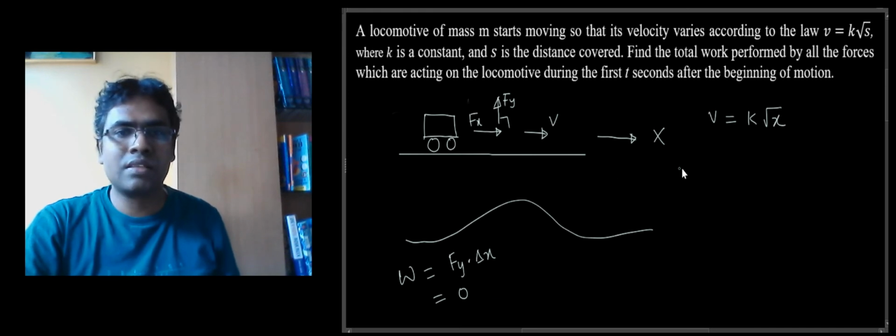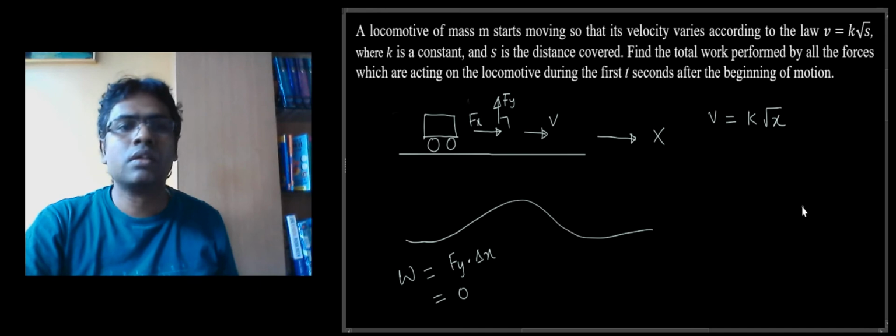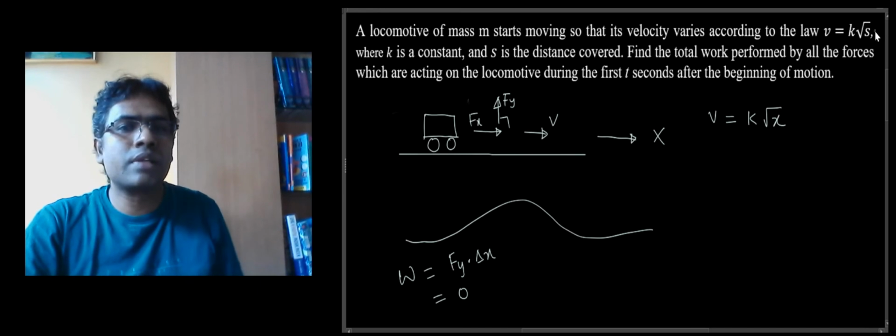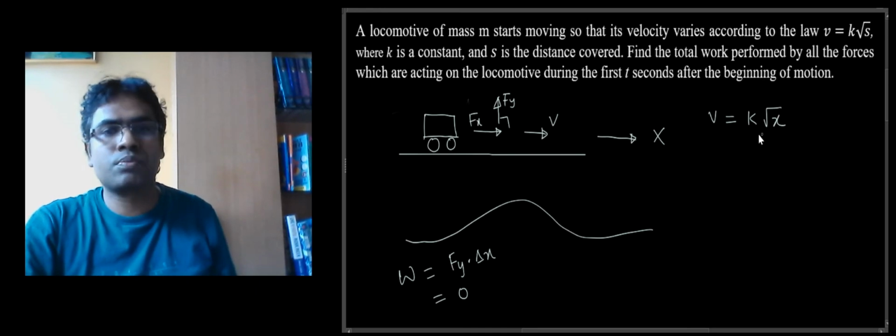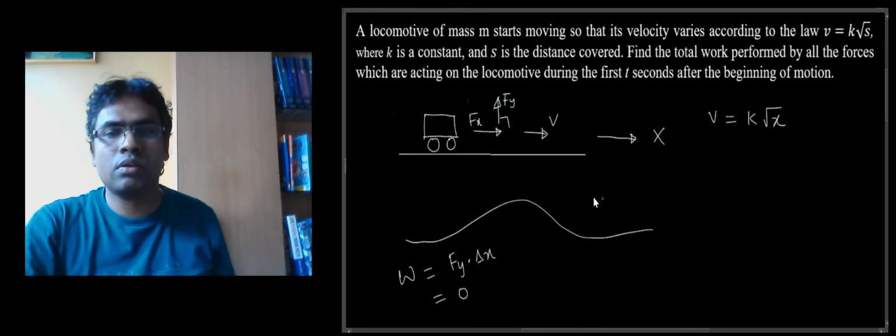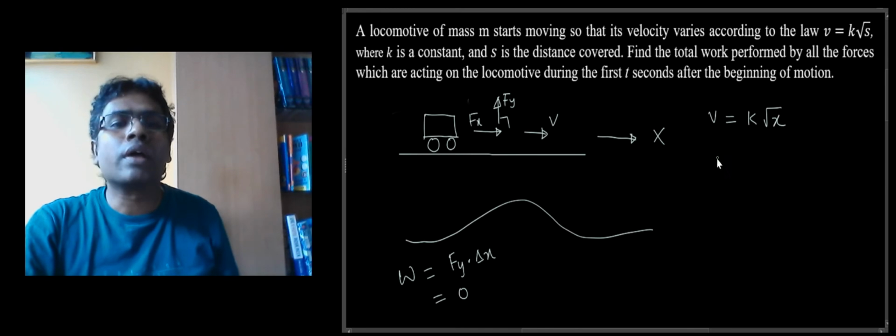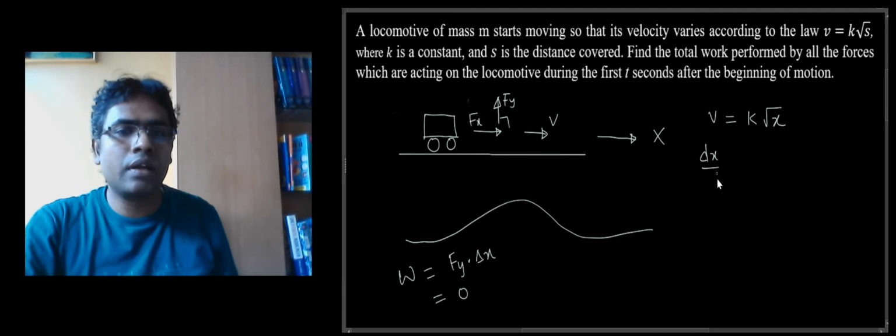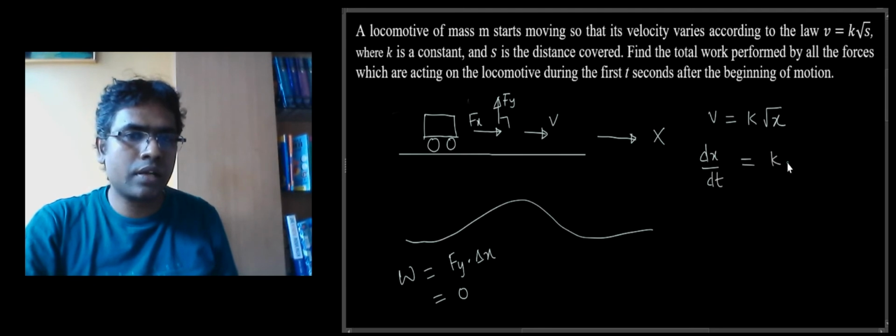So I guess in this problem it is a good assumption to consider that the locomotive moves just along a straight path. In that case, I'm just replacing s with x so that x corresponds to the position of the locomotive. Now velocity can be written as dx by dt. So dx by dt is k times square root of x.